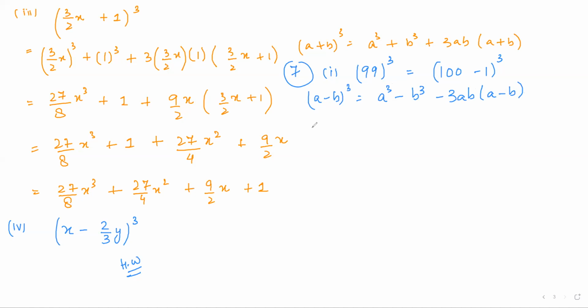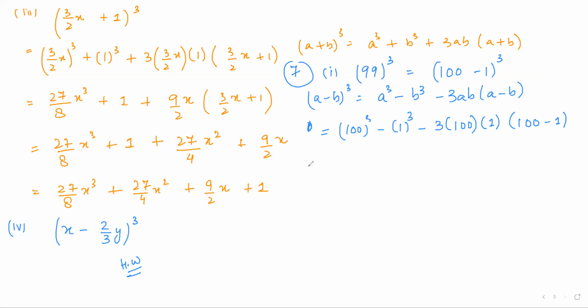So that means this becomes a cube, that means 100 cube, minus b cube, minus 3ab, so 3 into 100 into 1 into (a minus b), that is 100 minus 1, right?